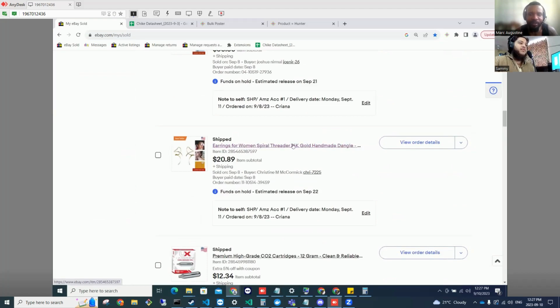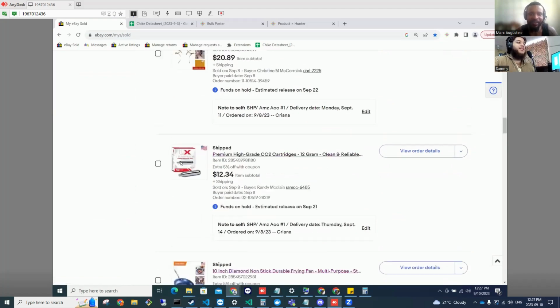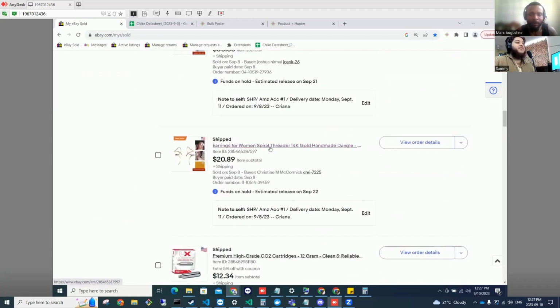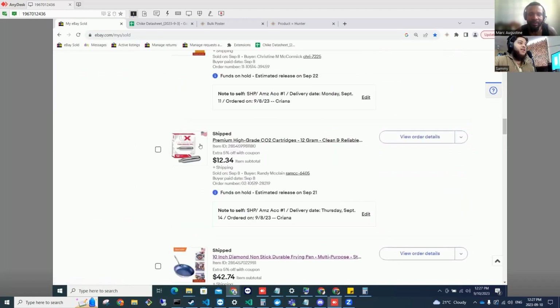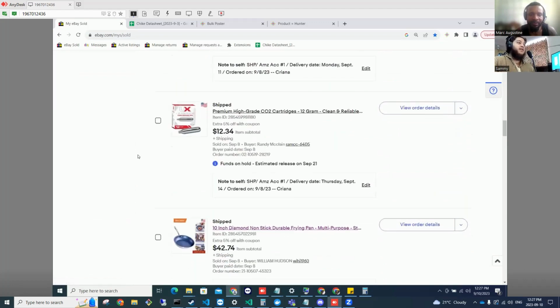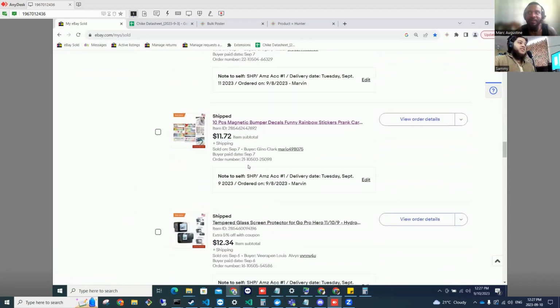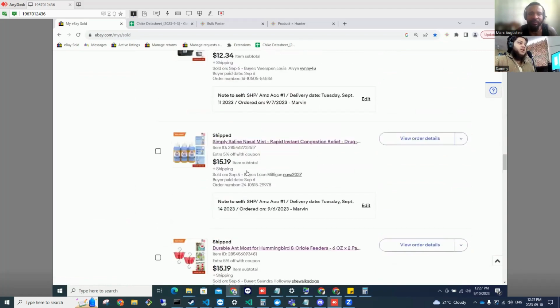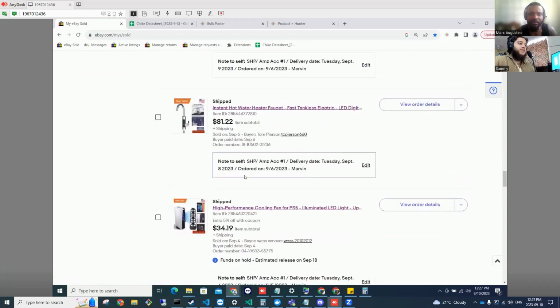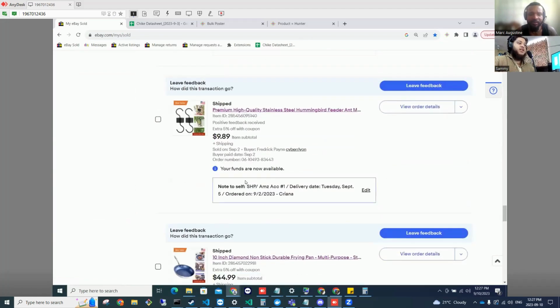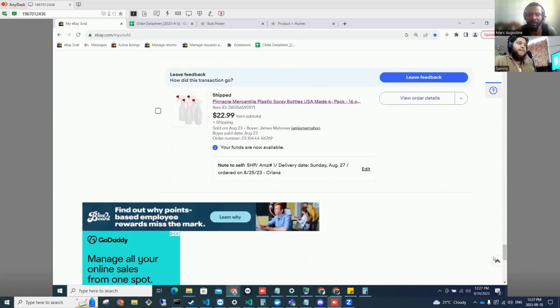Funny enough, that was a nose ring, a handcrafted nose ring. Funny enough, we were able to sell an earring. It probably was super competitive, as we talked about. So these are some of the items that we sold, and this account is just getting started.